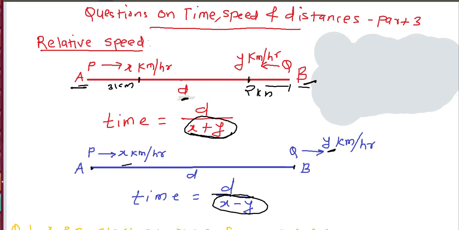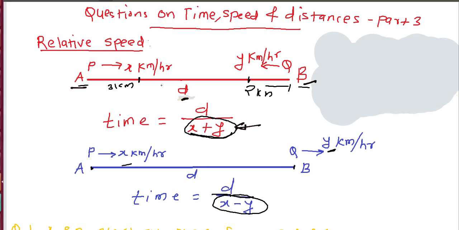So the relative speed is the speed with respect to each other. When they move in the opposite direction, the speeds get added, right? So the relative speed will be the addition of the speed of A and speed of B. So if the speed of A is x kilometer per hour, speed of B is y kilometer per hour, the relative speed becomes x plus y.